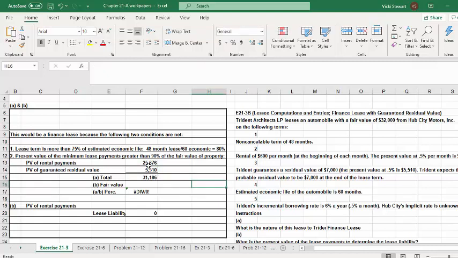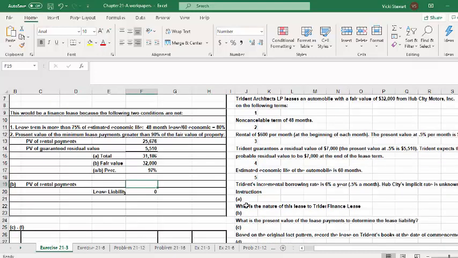So we get the total of the rental payments and the residual value, and we compare that to the fair value of the automobile at the inception of the lease, which it told us was $32,000. So we see that it would have met that criteria because the present value is 97% of the fair value. So it would be a finance lease because it met both of those criteria, but it only has to meet one.